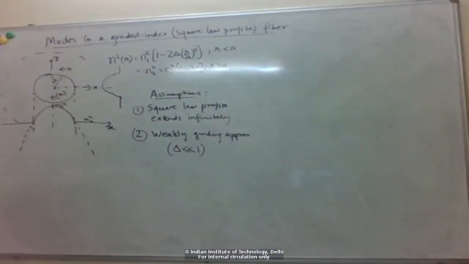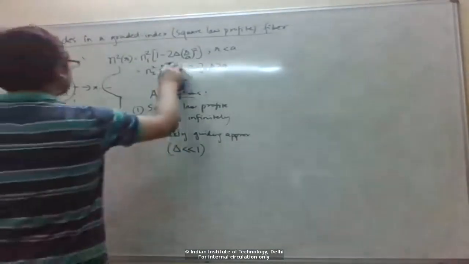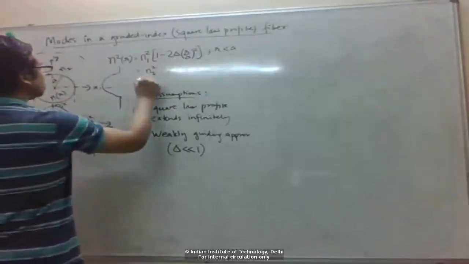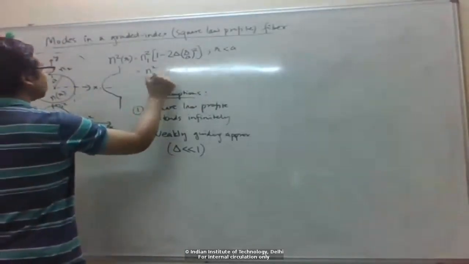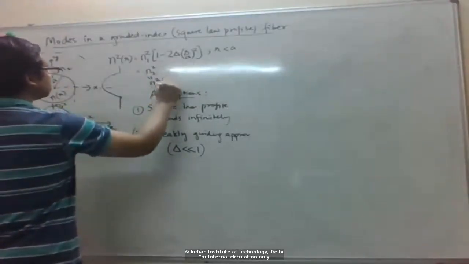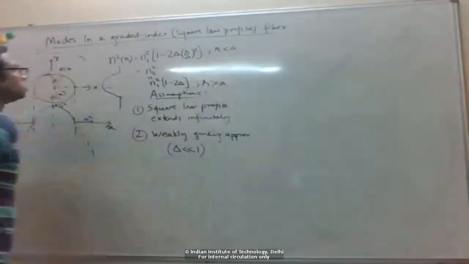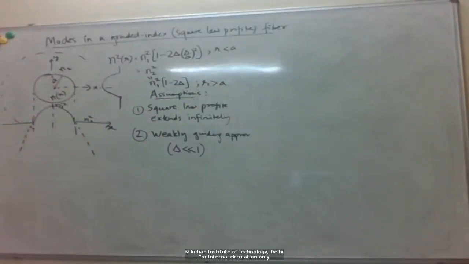So this is equal to n2 squared, and you can put r equal to a here, right?